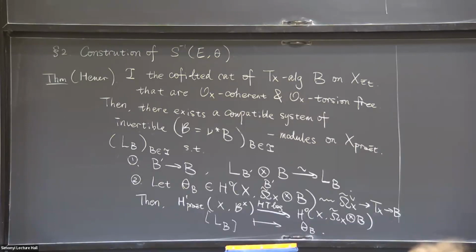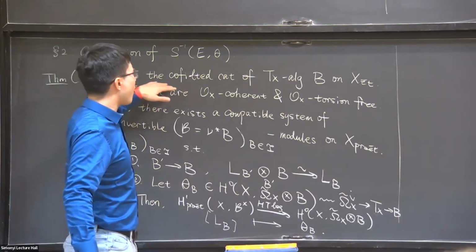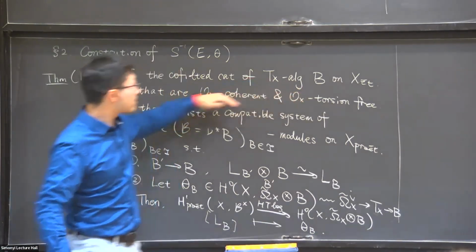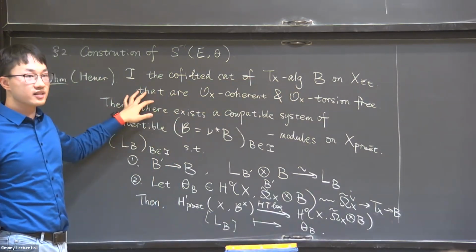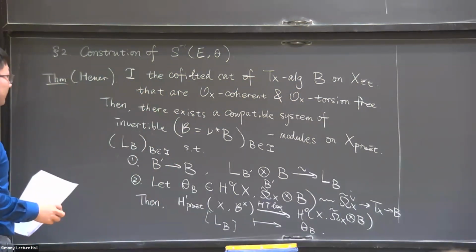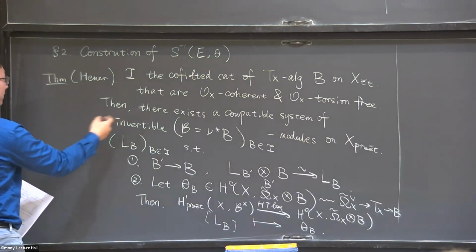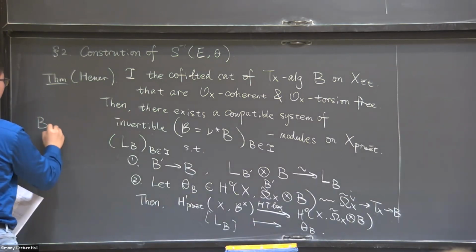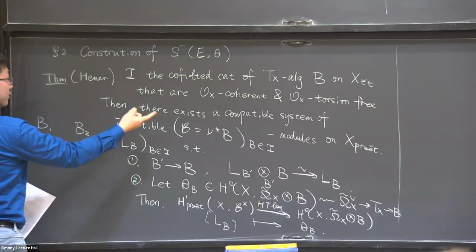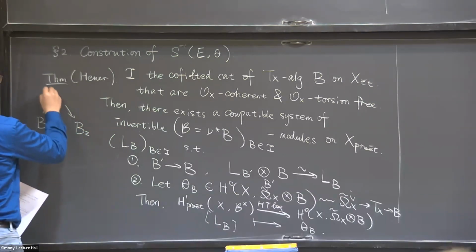Could I ask, is there a particular I which I should keep in mind? I is the category of all of these Tx algebras B. But you said that you wanted it to be cofiltered? Yes. You can keep this in mind: if you have B1, B2, two such Tx algebras, you consider their product.